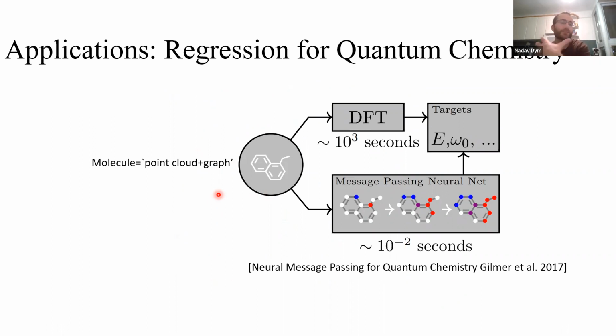You could want to compute some function on the molecule, for example all kinds of chemical quantities like its energy, which I don't claim to understand very well. Usually it's done using a very expensive simulation process called DFT, and you could hope that a neural network could do the same thing much faster, once it's given enough DFT samples and learns how to do it.